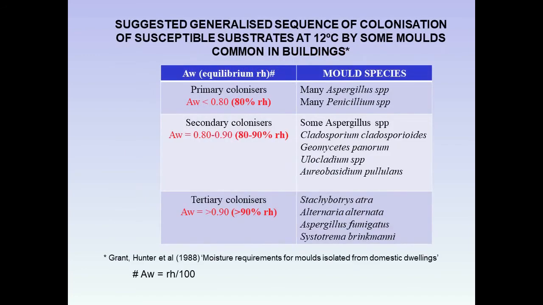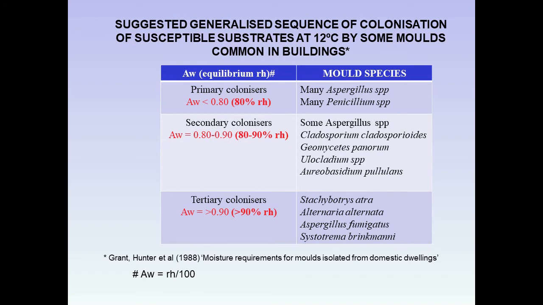And this shows up the different colonization of moulds. They can be split into primary colonizers, requiring RHs of up to about 80%, 75-80%. Secondary colonizers, they will germinate and require 80 to 90% RH, and the tertiary colonizers 90% plus.